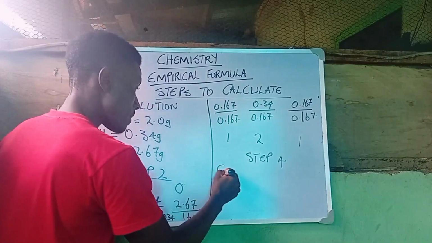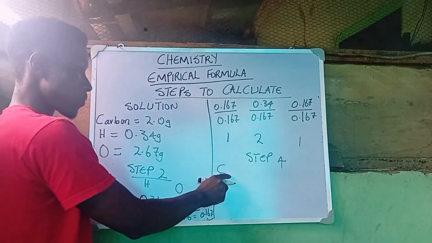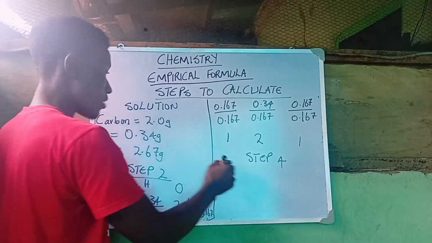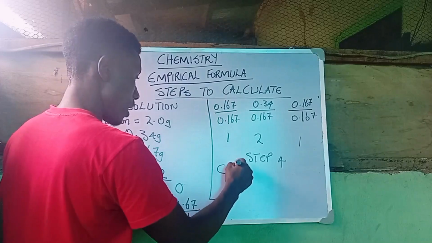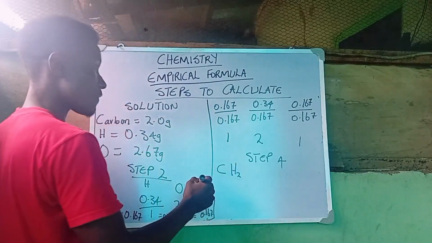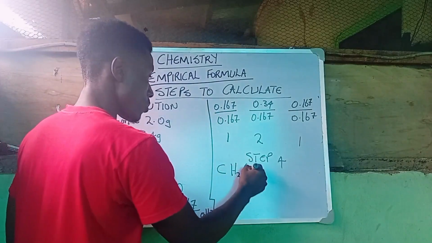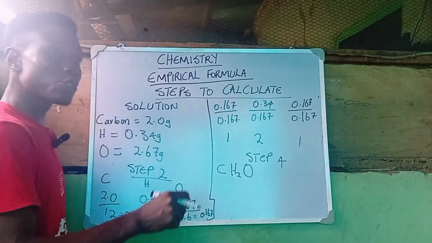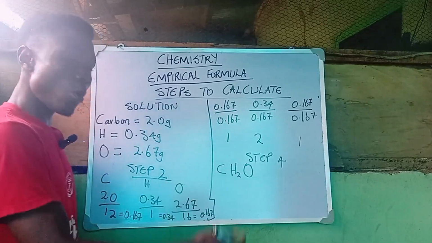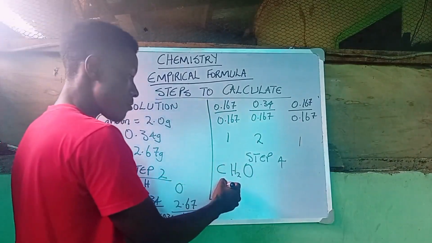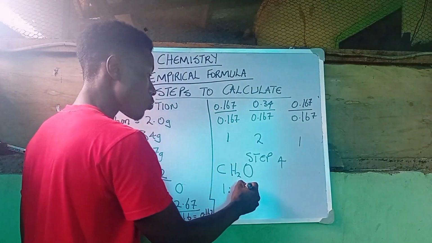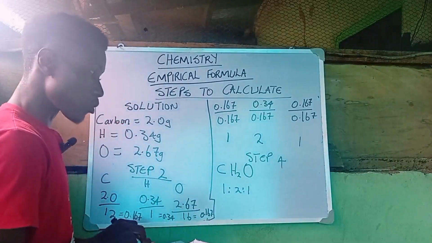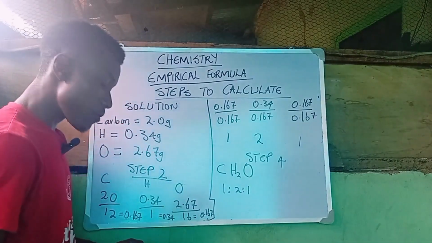So we say C, for carbon, is 1, and we have our hydrogen to be 2, so we say CH2, and we have our oxygen to be 1. So what we have here is CH2O, and this means that the compound is represented in a ratio of 1:2:1. That is just how we can get the empirical formula.